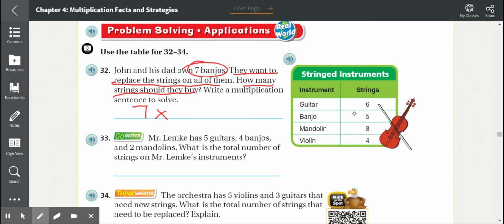Well, one banjo has 5, so 7 banjos would have, solve 7 times 5, so count by 5 7 times. 5, 10, 15, 20, 25, 30, 35. So 35 strings.